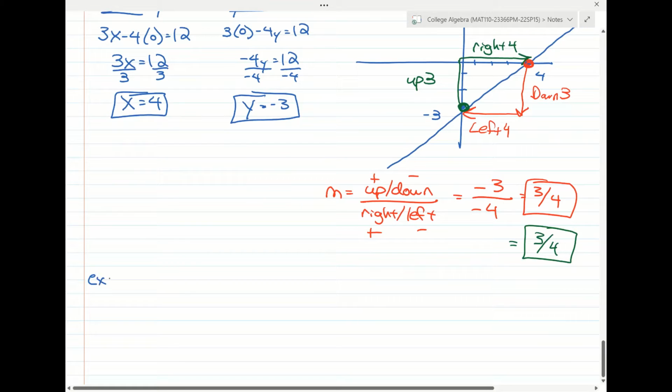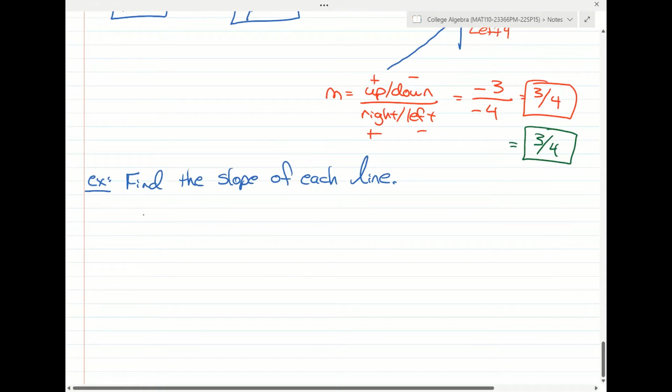What if I asked you to find the slope of each line? And I gave you 2 examples. Say y plus 3 equals 0.